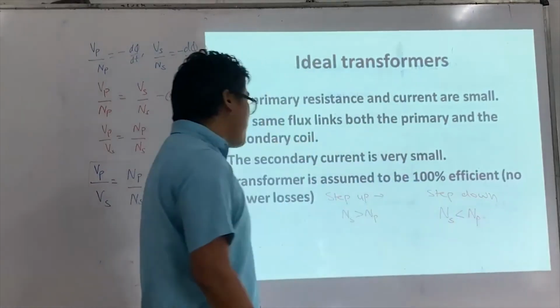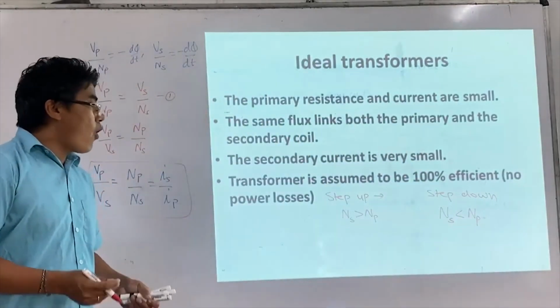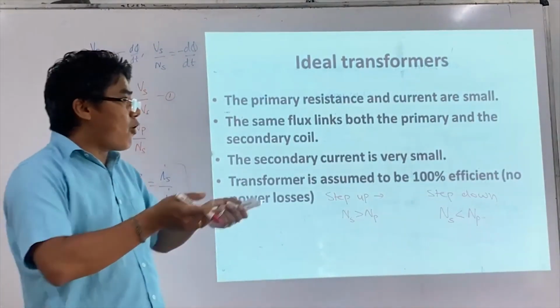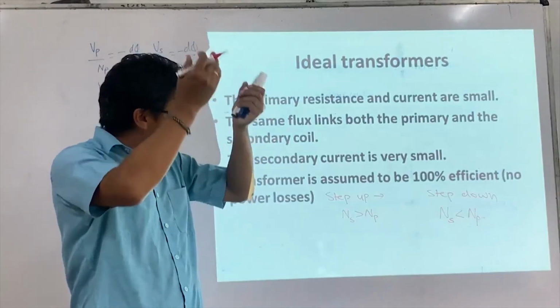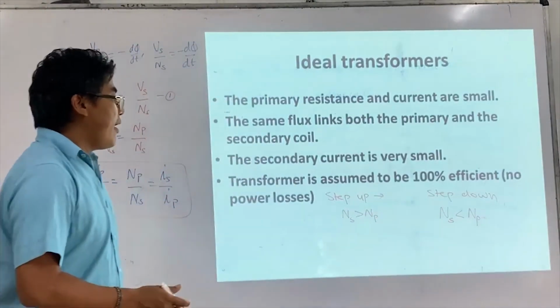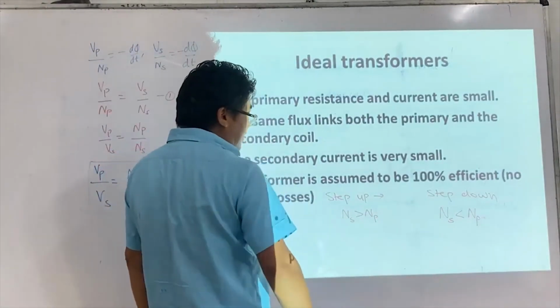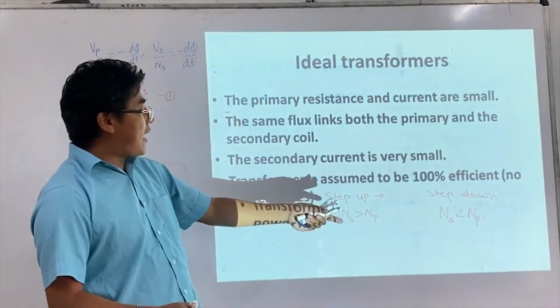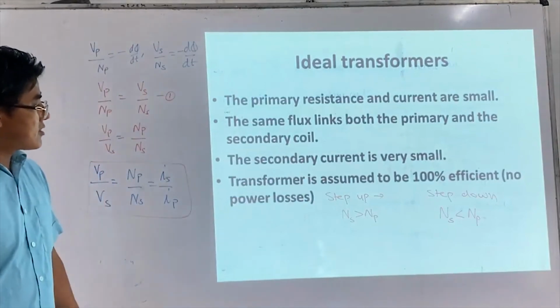So in case of a step up transformer, voltage is going to increase. And in case of a step down transformer, voltage is going to decrease. In fact, the number of turns in the secondary coil has to be more than the primary coil for step up, and the number of turns in the secondary coil has to be less in case of a step down.